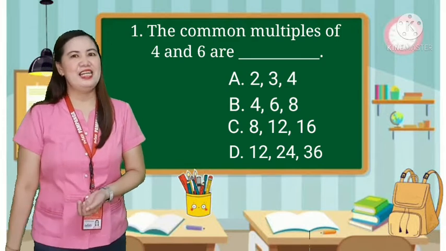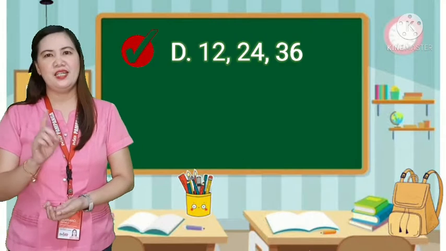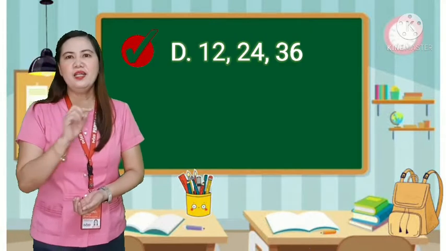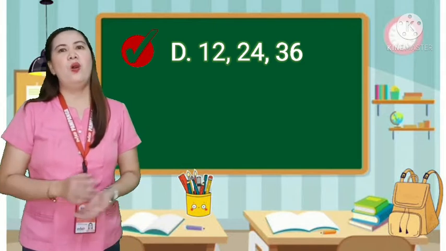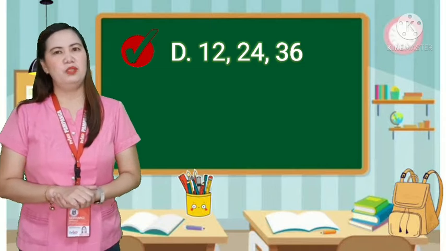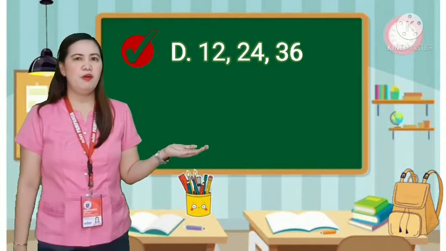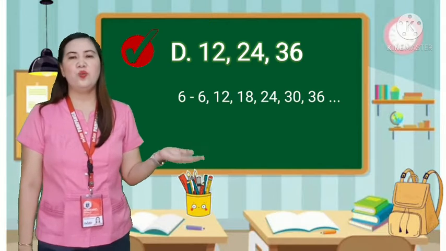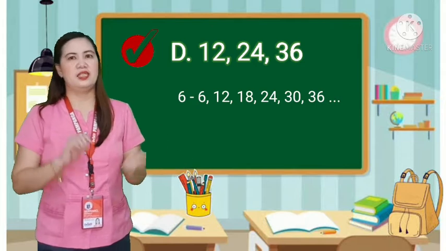Okay, the answer is letter D. 12, 24, 36. In order to get the LCM, you need to list down the multiples. For example, 6 has multiples of 6, 12, 18, 24, 30, and 36.